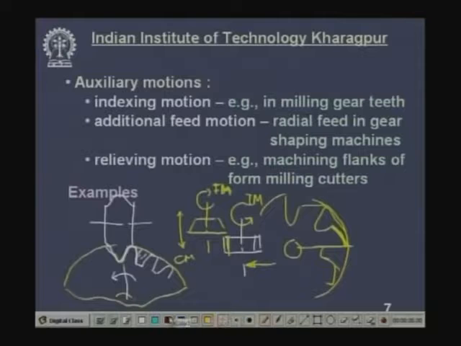So, you take one cutting tool like this, and this will be rotated in this direction, and the cutting tool will be moved in this direction. The resultant of this feed motion and this rotation will produce, this point will move along this path, this is the locus. After completing this path from here to here, this will come back again, then again it will cut this one. So, there will be reciprocating motion. This is called relieving motion, and the lathe in which this kind of work is done is called a relieving lathe.